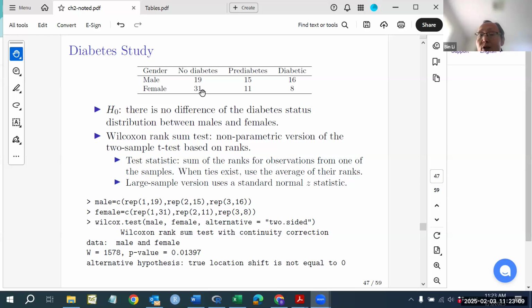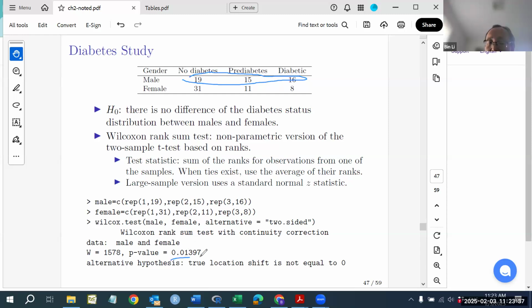And what about using the sum for the second row? It's the same. The p-values will be the same. So it doesn't matter. Here you can see the test statistic is 1,578. I think it's the rank sum for the first group.